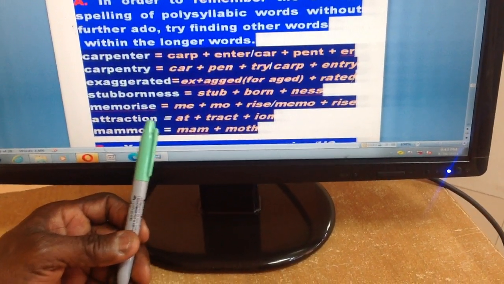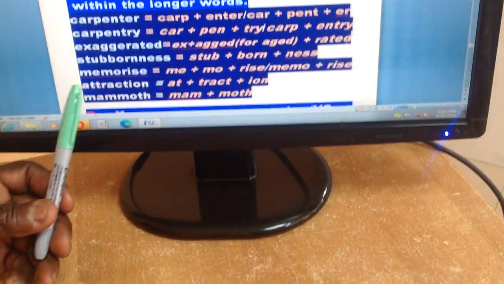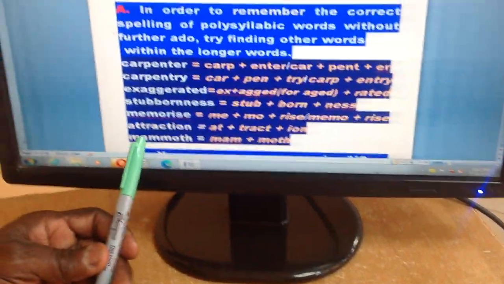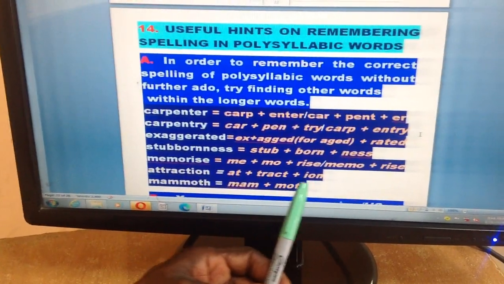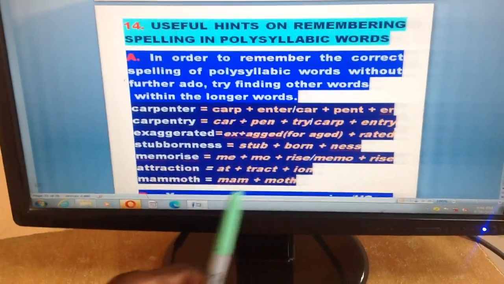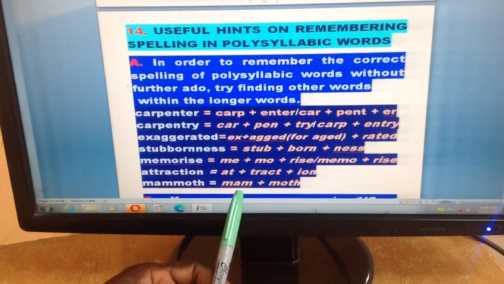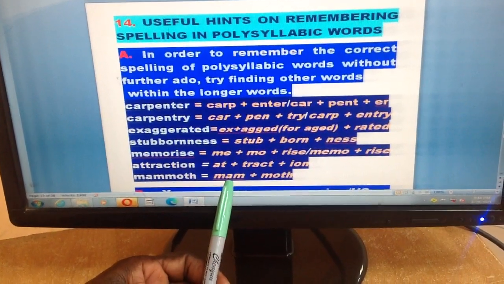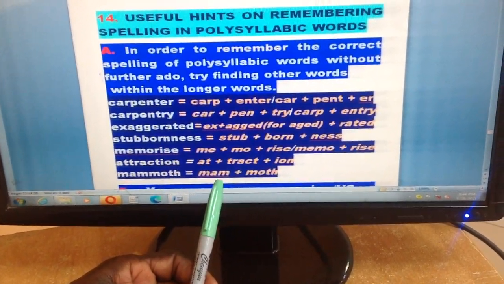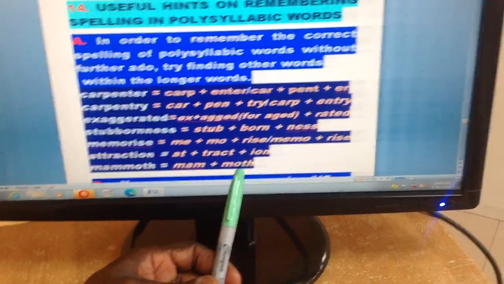Victimize, to make a victim, and so on. All the I's would imply to commit to memory. Attraction, at, tract, and ion in chemistry. Mammoth, you have mam, this spelling, although there is another O and U in America, plus this flying insect with long wings, moth.